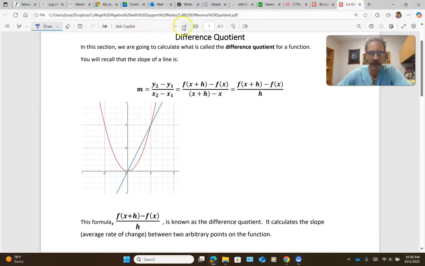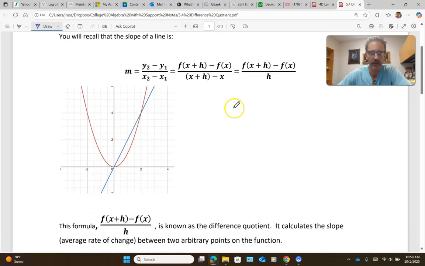Well, I've got a picture here. It's basically the slope between any two arbitrary points on a function. So I did this in Desmos. I've got this parabola right here. So let's say that's my function. And let's say I pick two arbitrary points.